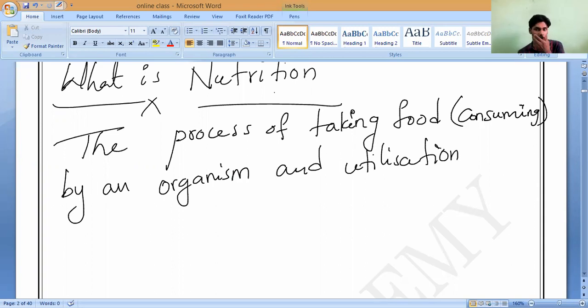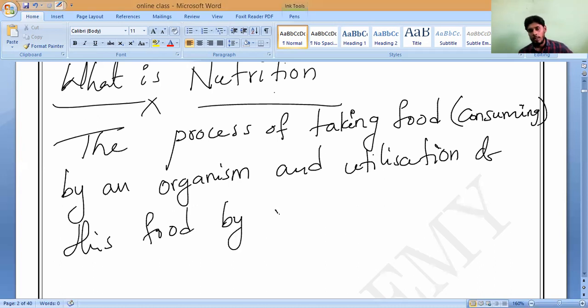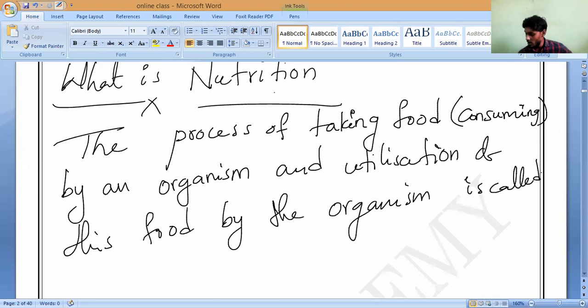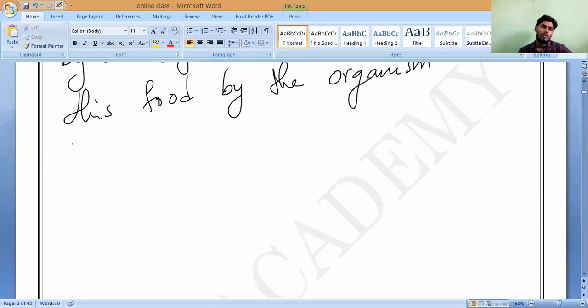By an organism, consuming and utilization of this food by the organism is called nutrition. What should we call it? Nutrition, sir.